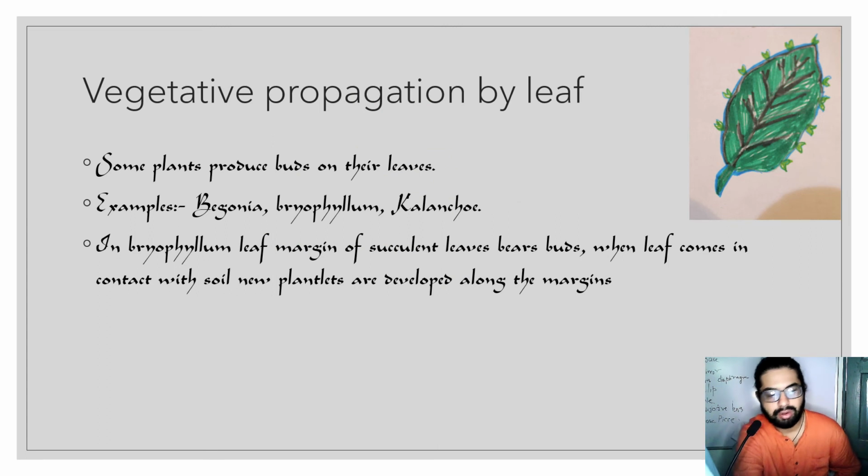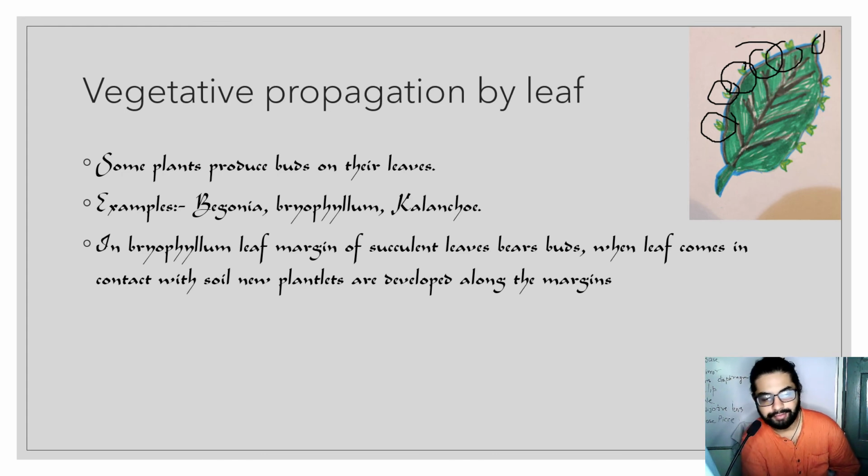And now the last, which is very important, vegetative propagation by leaves. Some plants produce buds on their leaves. You see, this plant leaf has numerous buds on the outer margin of the leaves, and it is found in begonia, bryophyllum, kalanchoe.